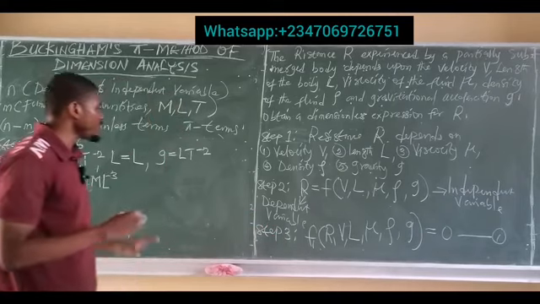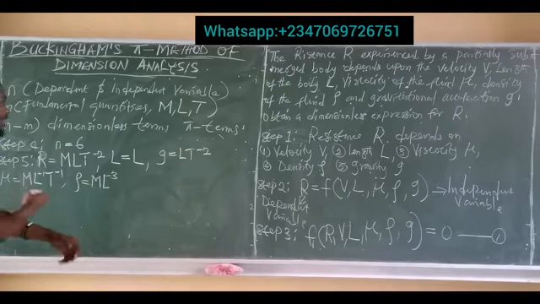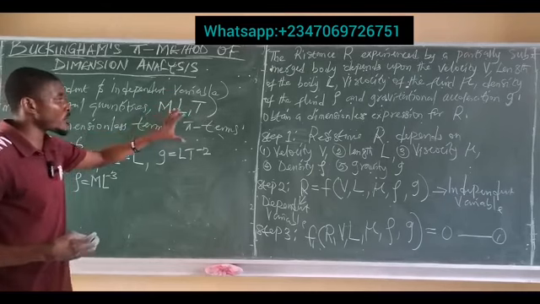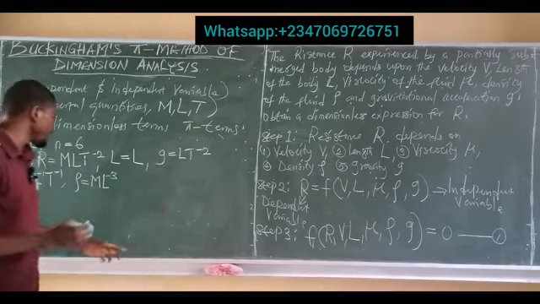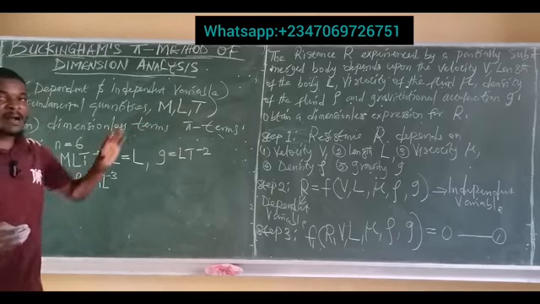Having written this down, the theorem states that if the total number of dependent and independent variables combine to form m fundamental quantities, what does this mean? It means do they form the MLT system amongst all of them? So you look through them: resistance alone forms MLT, L is still here, G forms LT, ML here, and MLT once again. So the combination of both dependent and independent variables forms the MLT system amongst them.